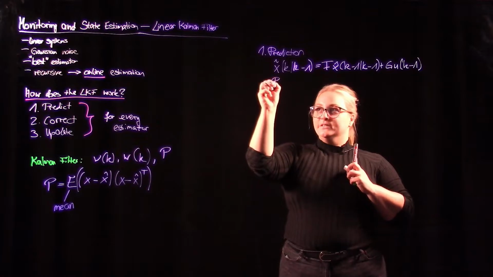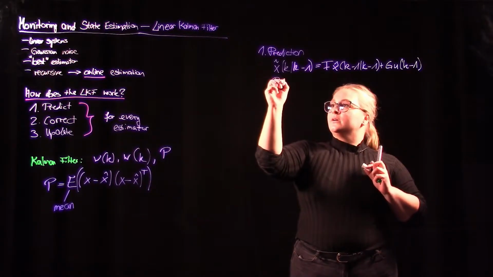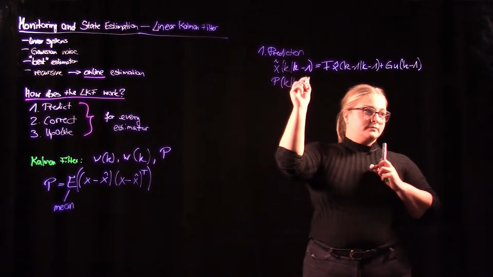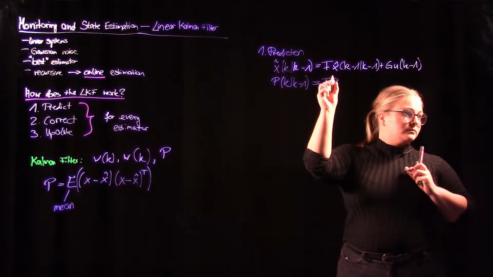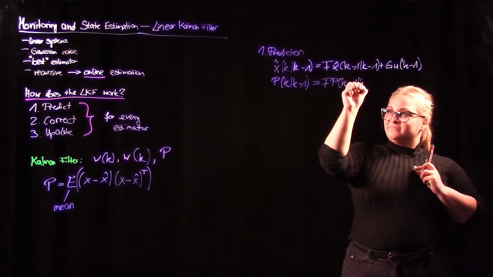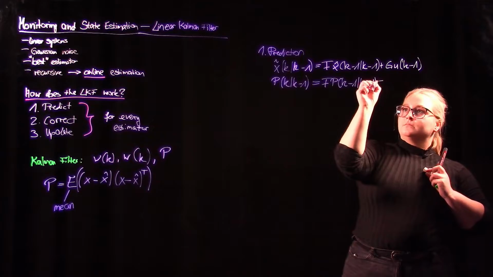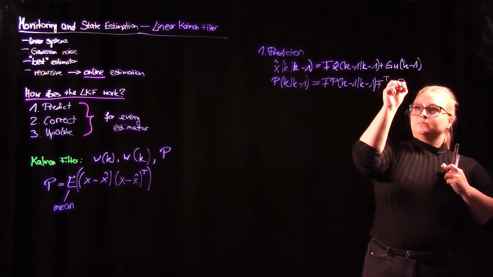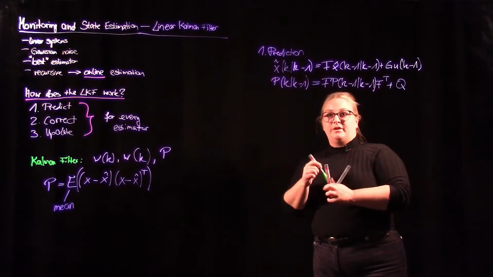But we add the prediction of our covariance matrix. Okay, so what do we have here for P?